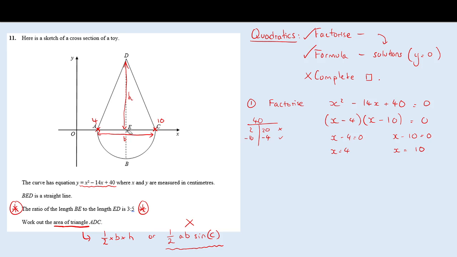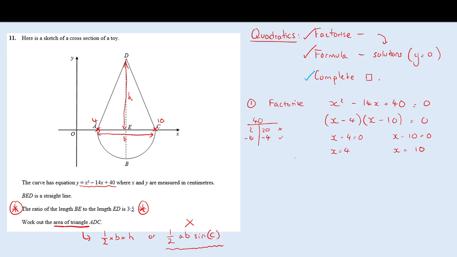But our minimum point uses that b to e, which we're using in our ratio. So it looks like, actually, I might have to use that. That might have to be the second part to my problem.